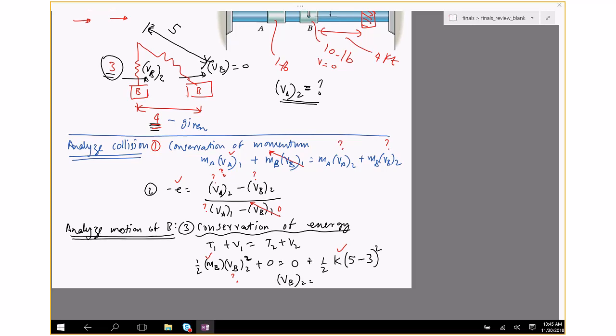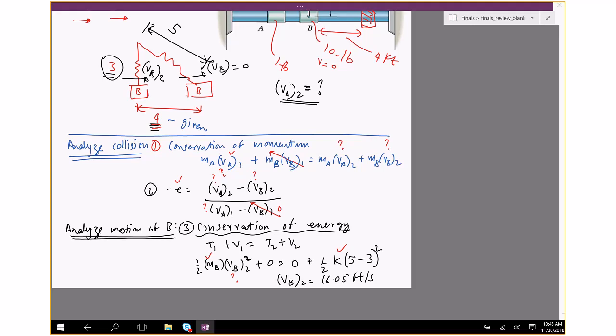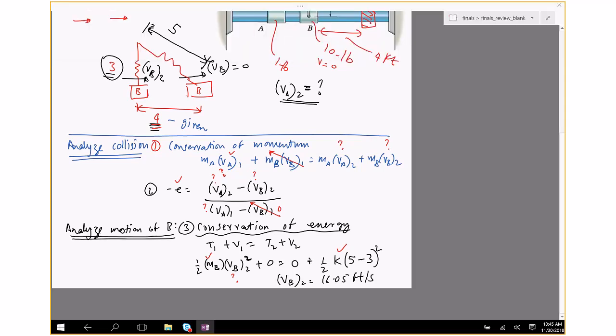So VB comes out to be 16.05 feet per second. Then I would take this VB2 and put it in this equation and also in this equation.